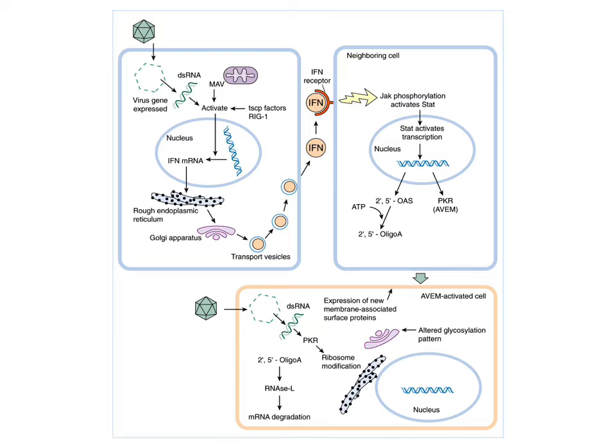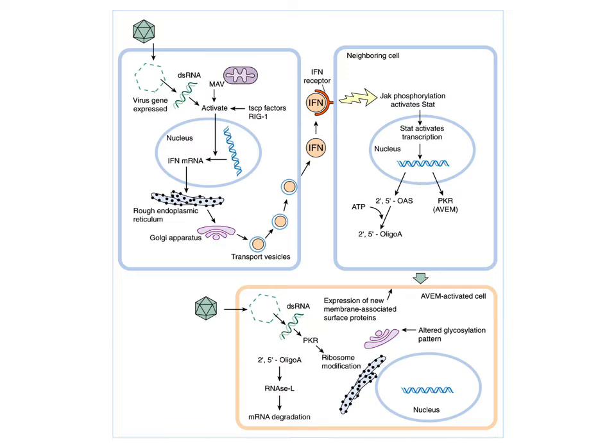PKR is a protein kinase. Normally present in low levels, its concentration is increased as a result of interferon induction. It also requires double-stranded RNA. On binding double-stranded RNA, PKR is autophosphorylated, causing it to be activated.